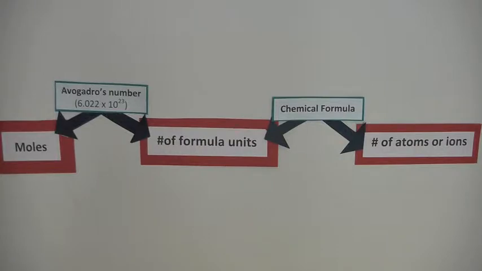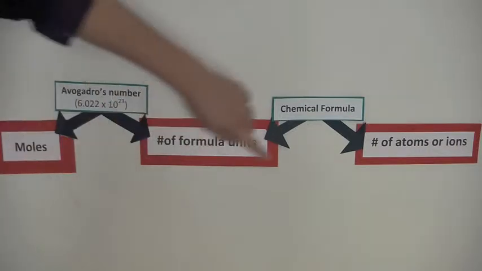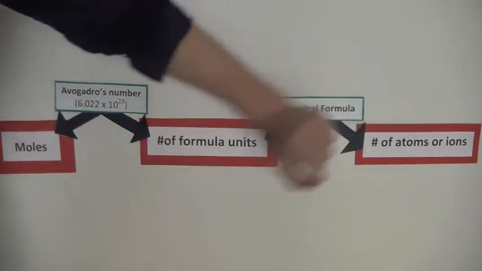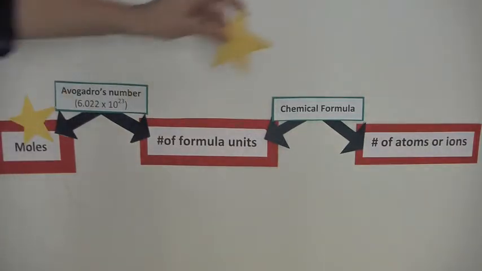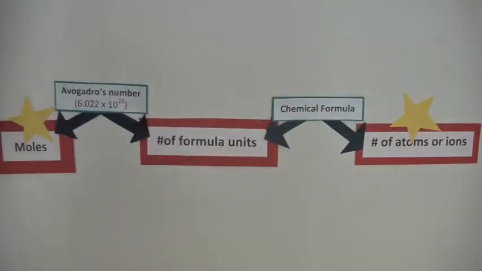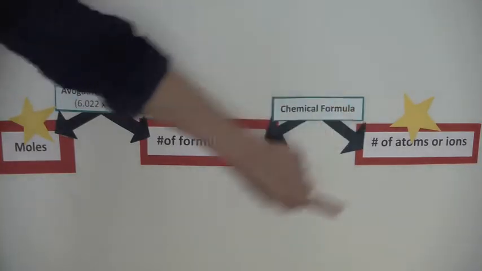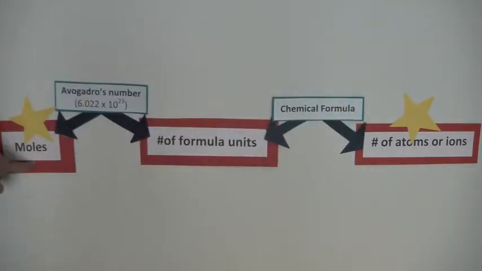I'd like to introduce you to the mole map. The problem we just finished gave us moles, but it asked us to convert to atoms of hydrogen. So here we began, moles of H2, and it asked us to convert to atoms of hydrogen. We have to go through each of these steps to get to our answer. So let's review the steps we just did. It gave us 3 moles of H2.